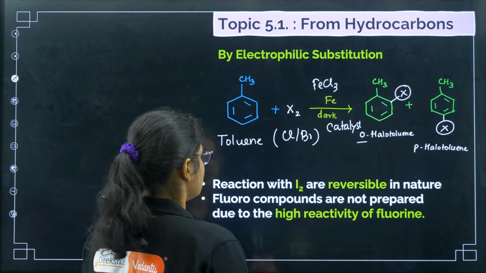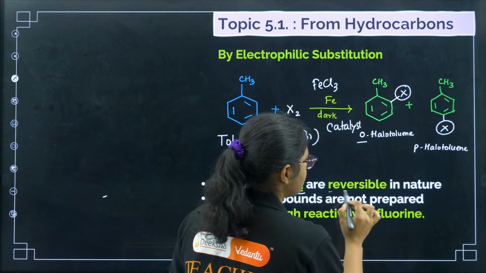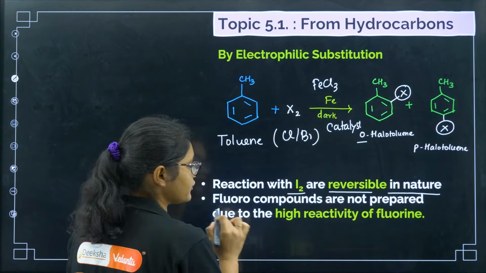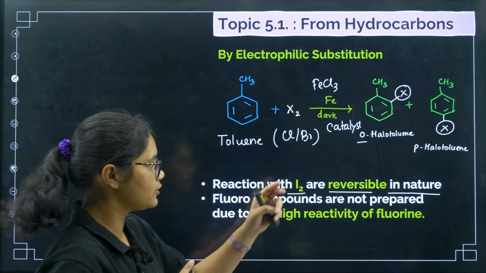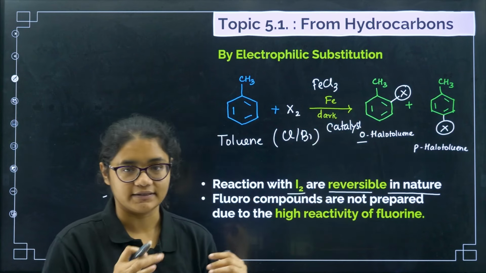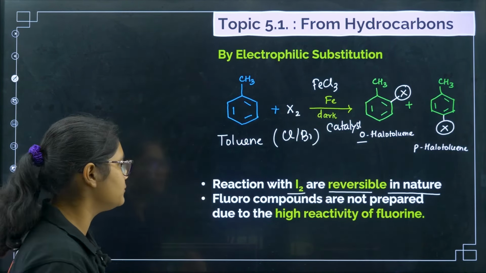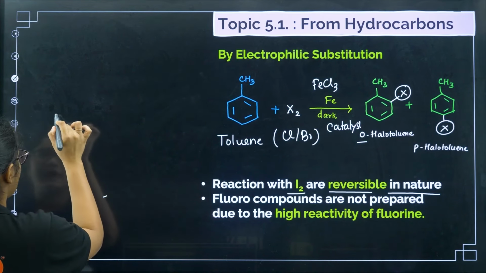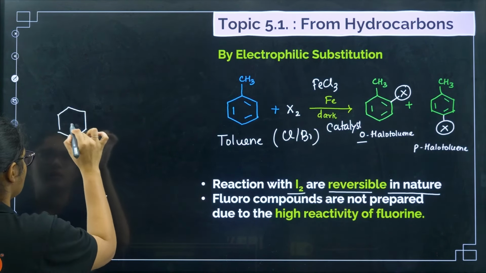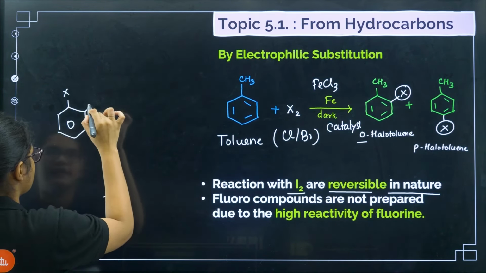Now if you see, reactions with iodine are reversible in nature. That is why we cannot get iodobenzenes with this. What do you mean by that? For example, I have this Ar with CH3 and here H is there.